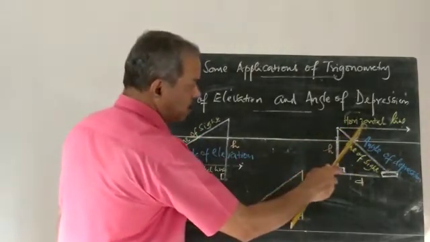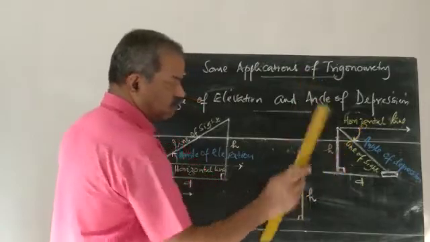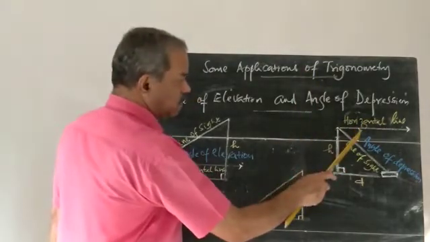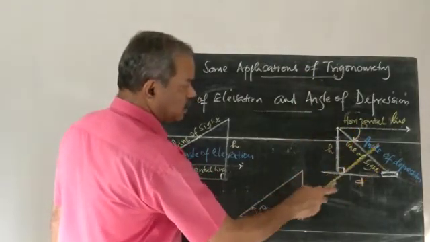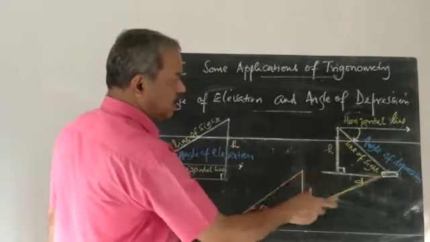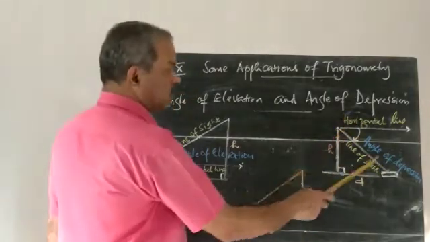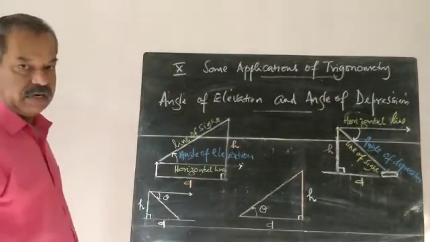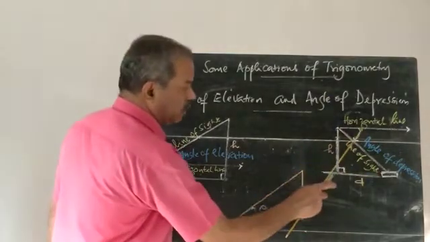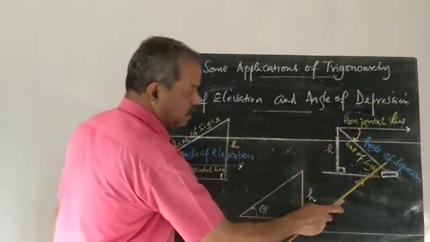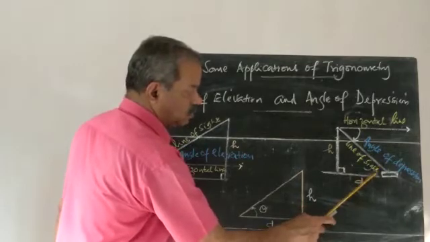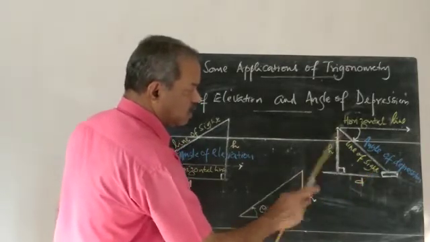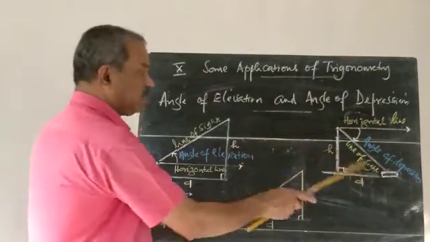Then these two angles, this is the angle of depression. What is the relation between these two angles? They are equal, alternate interior angles. So we can mark the angle here also. Then we can connect height and distance, H and D.